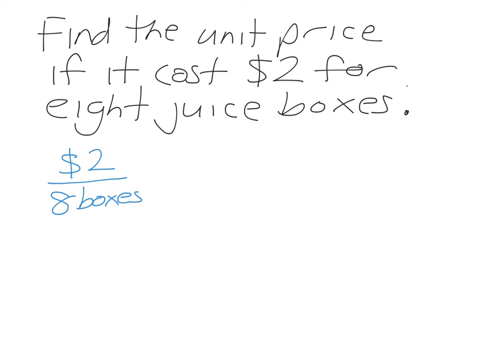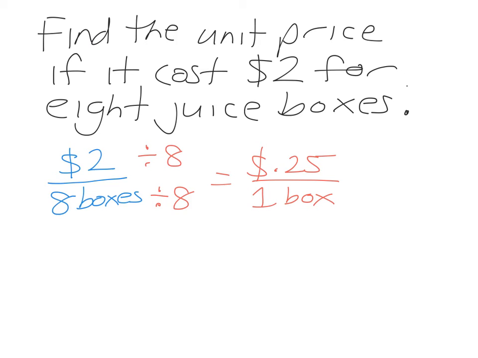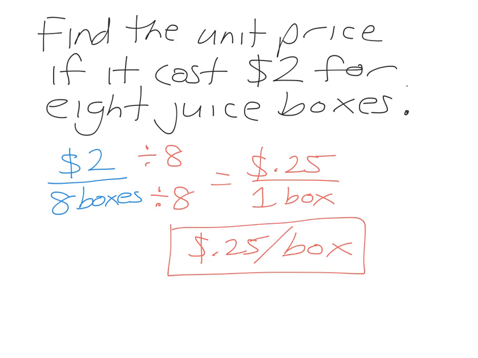If I want to find the unit price or the unit rate, I want the denominator to be 1, so I'll divide that by 8, which means I'll also divide the numerator by 8. 8 boxes divided by 8, well, that's just 1 box. $2 divided by 8 actually comes out to be 25 cents. So what I end up with is 25 cents per box. How many of you got that one right? Good. Glad to see that you're getting these correct.